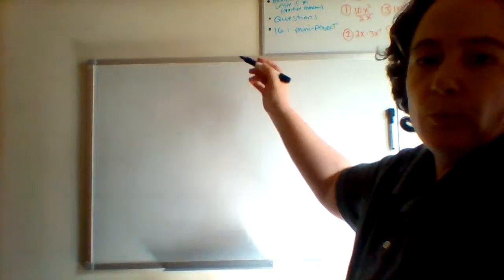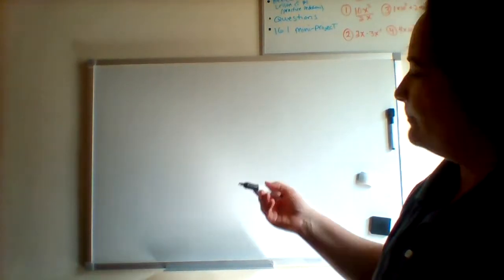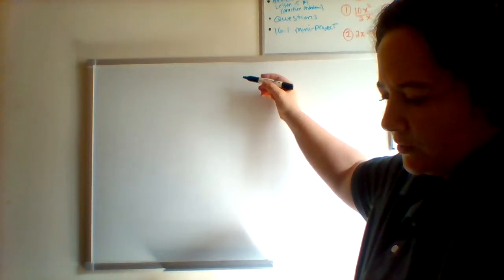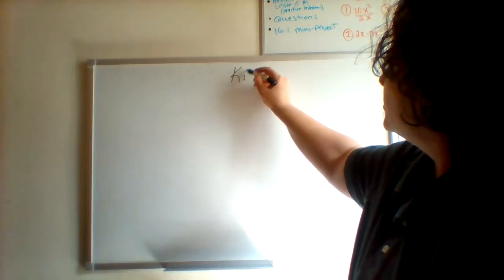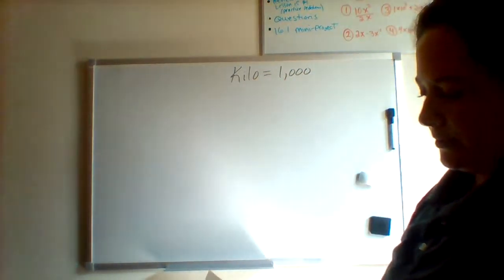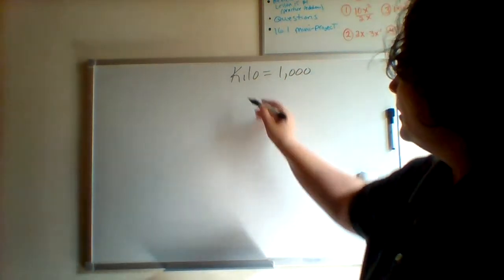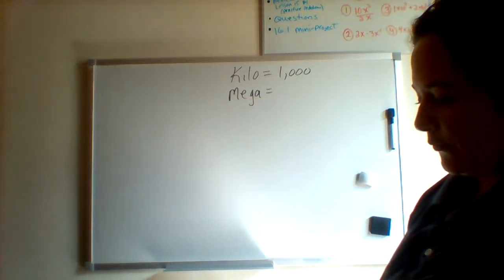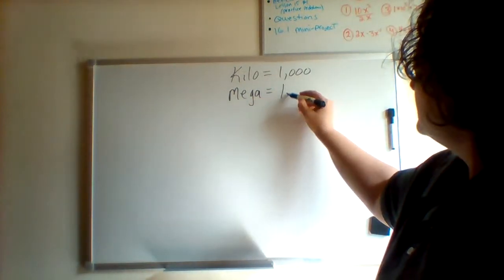It says that kilo stands for 1,000. And we're going to need that information because we're going to be converting things before we compare them. So kilo equals 1,000. Mega stands for 1,000,000.